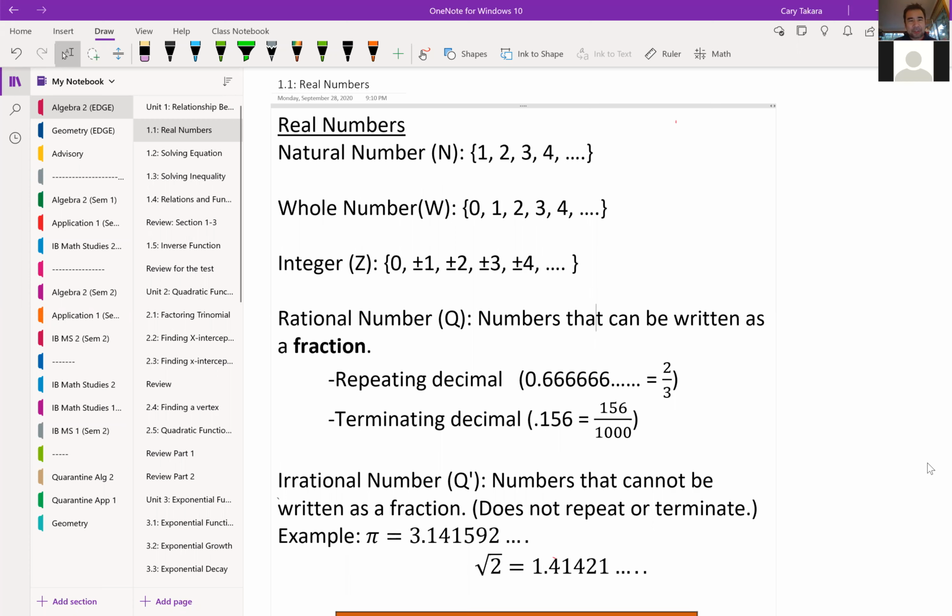Okay. And I would like you to know those because it will come up over and over in different classes. Let's say if you go to college and universities, your professors might use the word integers, rational numbers. You need to know what those are. Okay. Now, the first one.